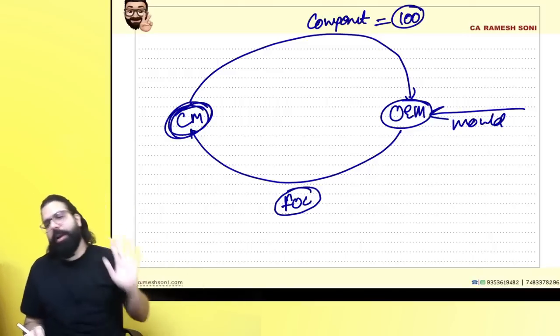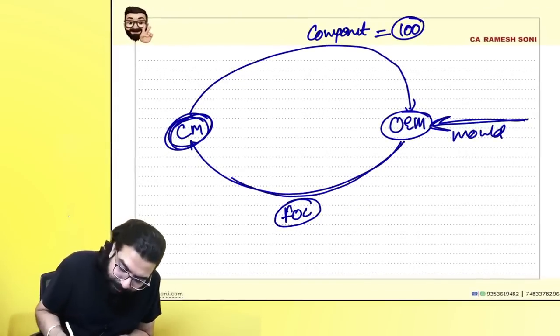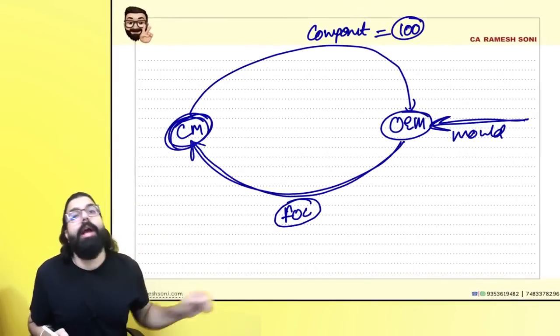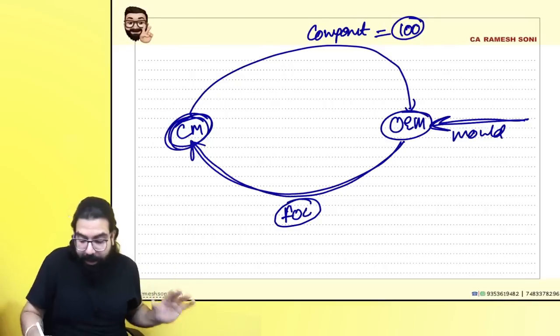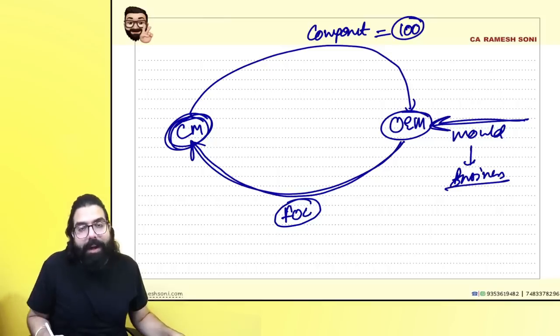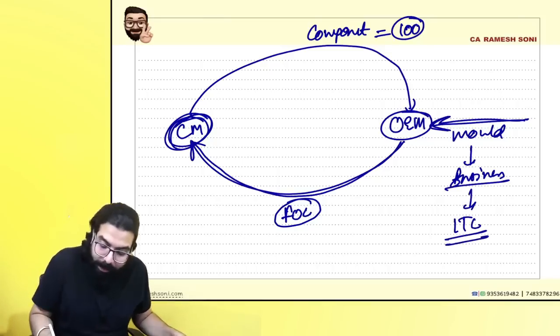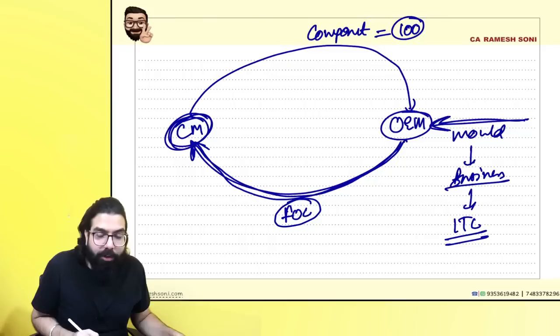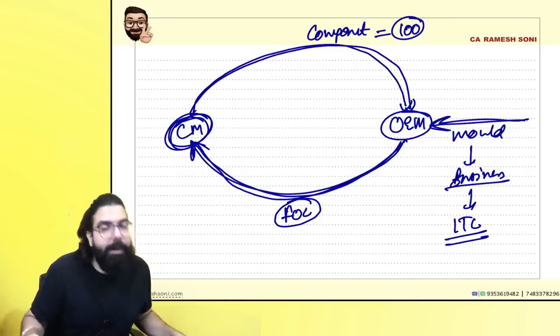Listen to me very carefully, everyone. I went ahead and bought the mold and gave it to him. I told, I will give it to you, you make the component and give it to me. In this scenario, it was in the course of my business to buy the mold, and I will be able to take the ITC also. Plus, the mold which I have given free of cost, any amortized amount of that mold will not be added to the value.